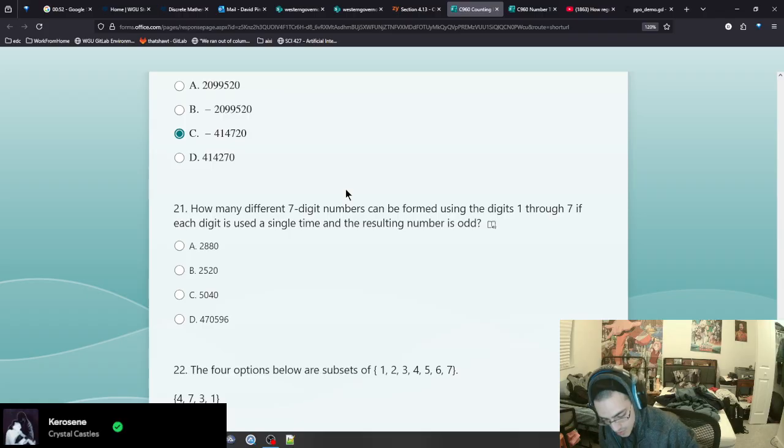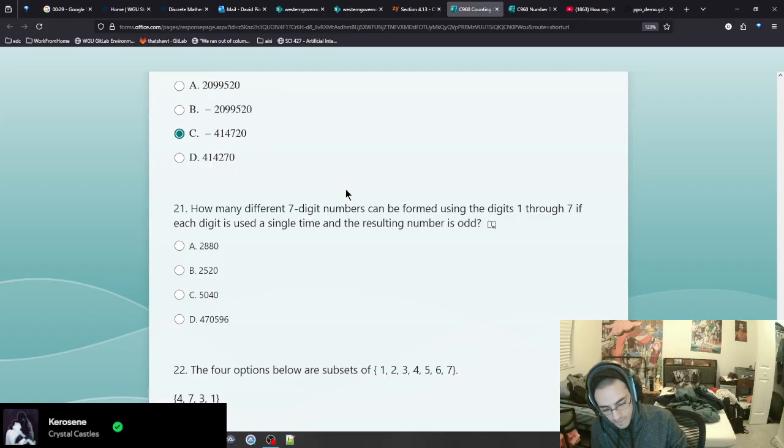Seven-digit number. Okay, so it's very simple. It cannot be even, and if it's even, that means it ends with 0, 2, 4, 6, 8. There's only 1 through 7 though, so it's 2, 4, 6. So it cannot end with 2, 4, 6.